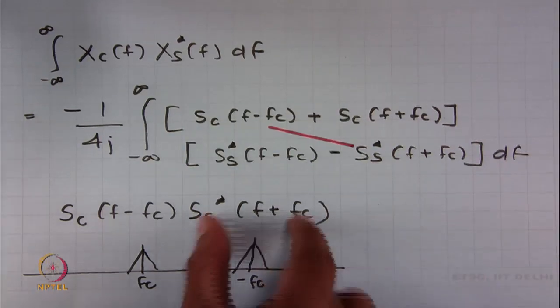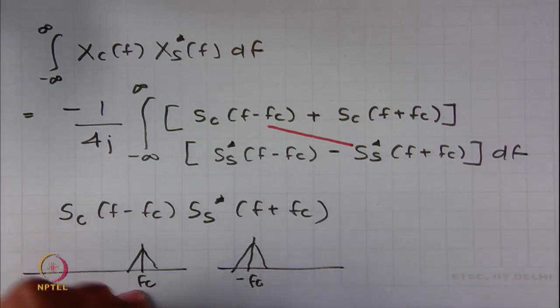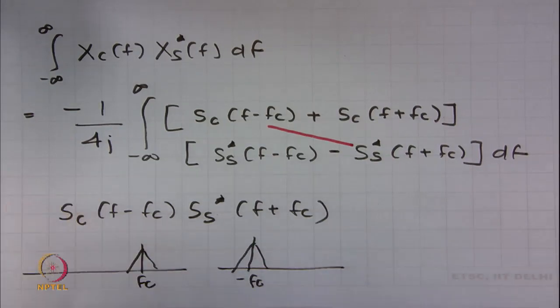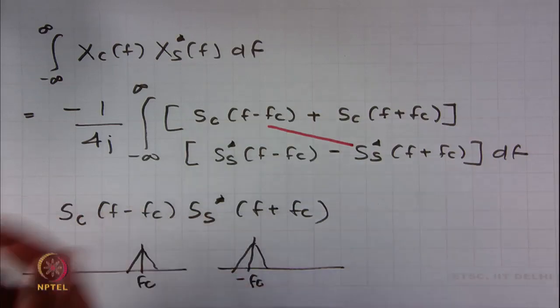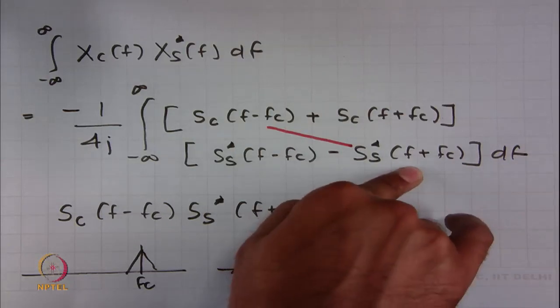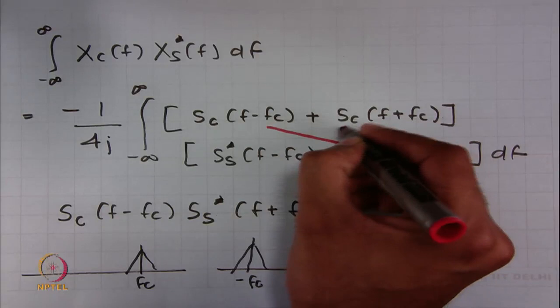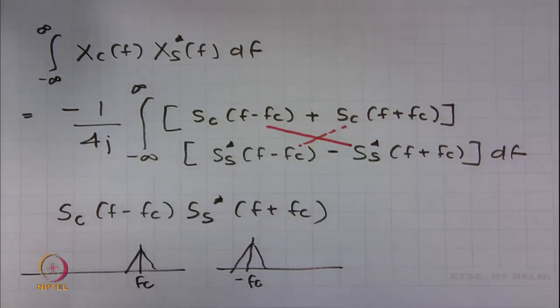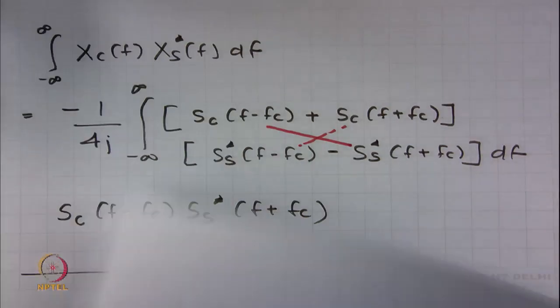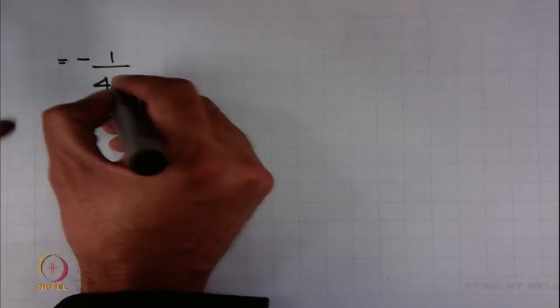When I multiply these two things, there is no overlap, and hence this multiplication gives us 0. Okay. So, this times this would give me 0. Similarly, if I multiply this with this, it also will give me 0. So, in the end I can reduce this integration by having minus 1 by 4j.